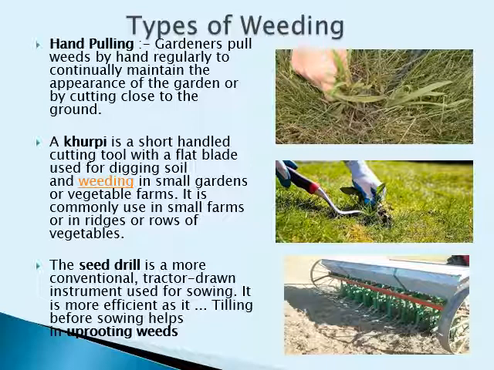Khurpi is a tool, children. If you can see the second image, it's a tool-like structure which helps in digging soil and removing weeds. The third method is the seed drill method. It is a more conventional, tractor-drawn instrument used for sowing, and it is also very efficient at uprooting weeds.